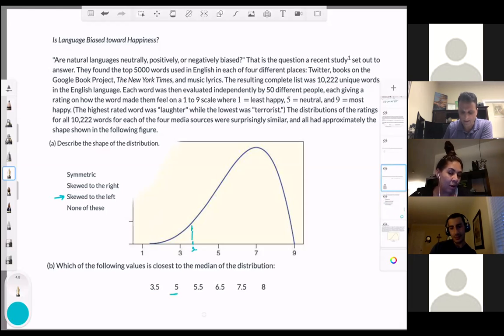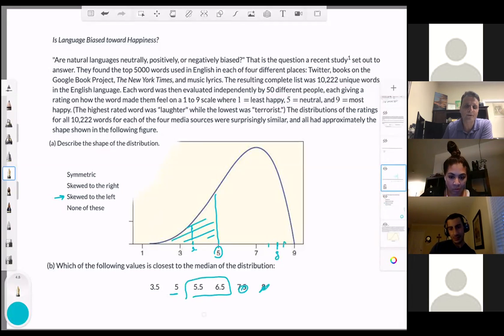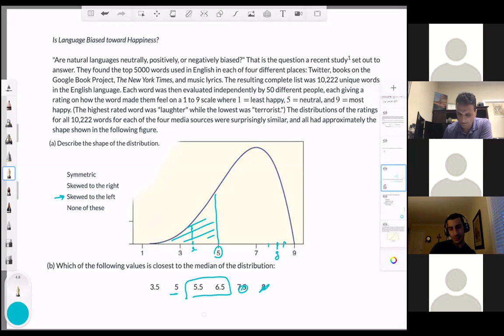Okay, 5 maybe. Is that possible to have 50% here, 50% there? 8, definitely not. 7.5, not. So between 5.5 and 6.5, which one do you pick? Which one is the best one? 6.5. We go with 6.5, yeah.